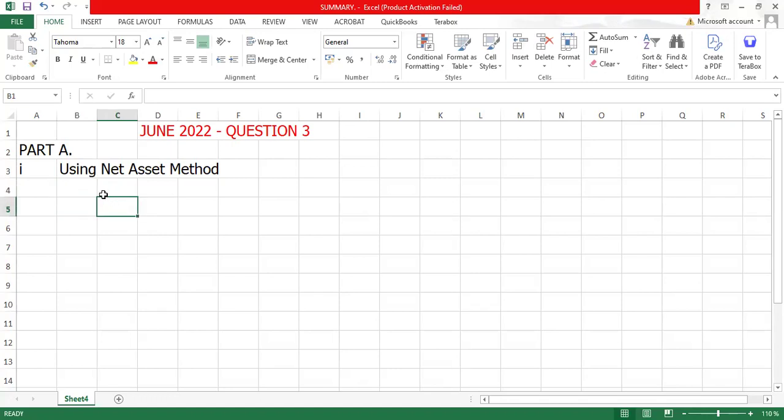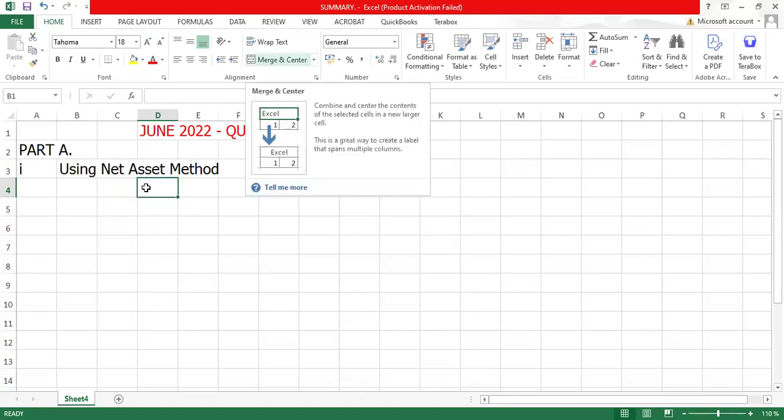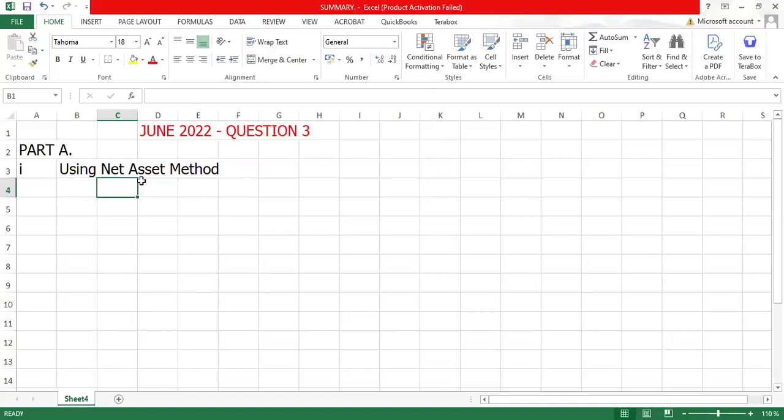Now, how do you use the net asset method or technique? As you're using net asset, you are trying to get the total value of the company, the total equity. Actually, it's the total equity of the company you're trying to acquire. And how do you get this total equity? Using the net asset method.